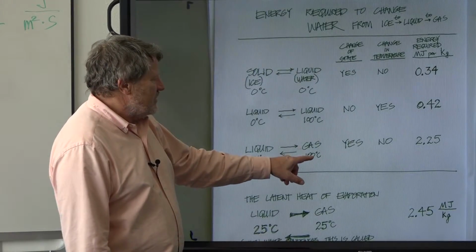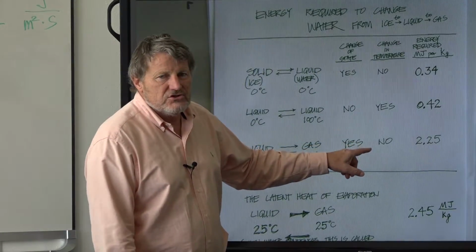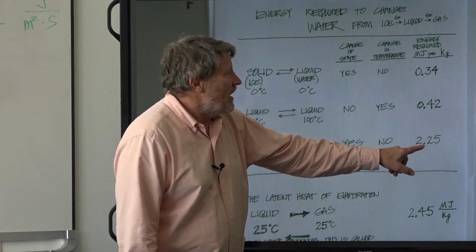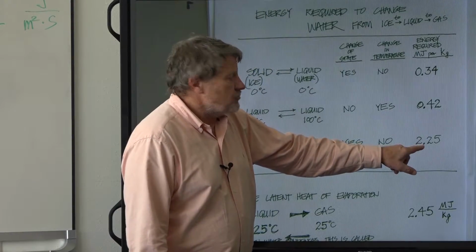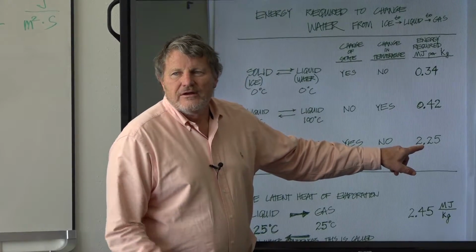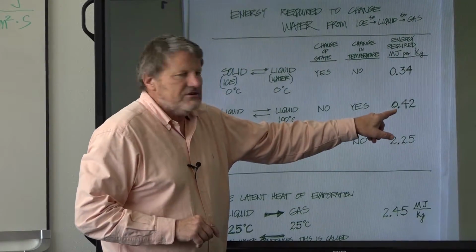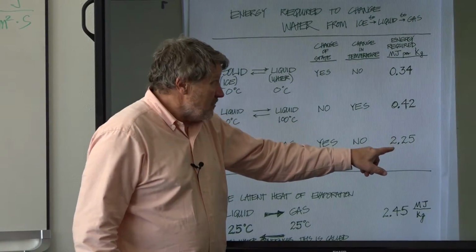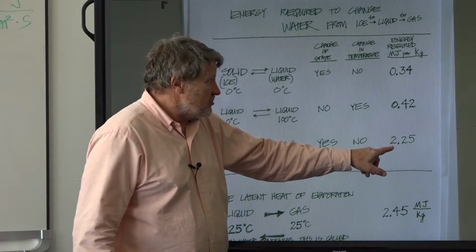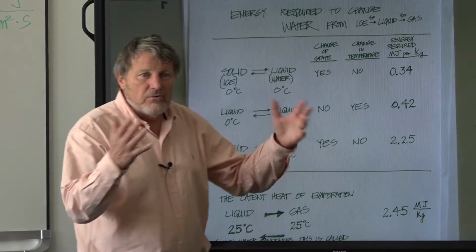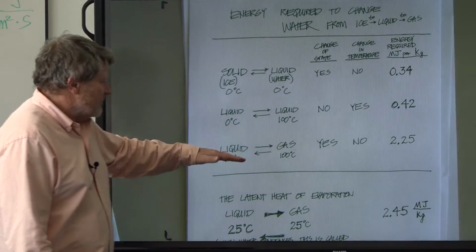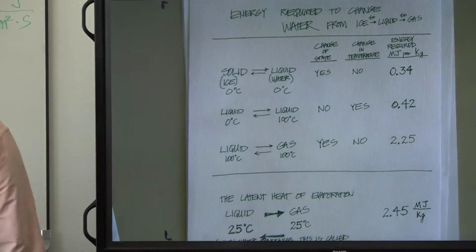To evaporate it here, after it's at 100 degrees, 2.25 megajoules per kilogram to evaporate it. So it takes more energy to evaporate the water than it did to heat it from 0 to 100. A lot more. What's that, 5 times as much to evaporate the water? So the big cooling is when the water evaporates.